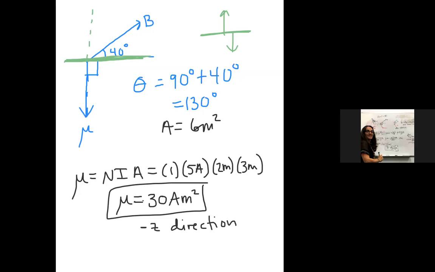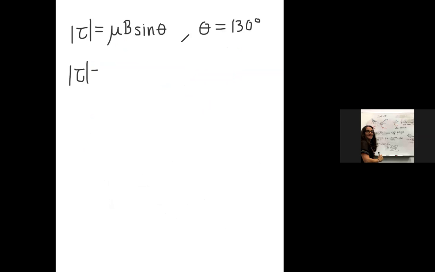And that just came from curling my fingers around with the current. Okay, now let's find the torque. So the magnitude of the torque is going to be mu times B times the sine of the angle between them, which we have decided is 130 degrees. So the magnitude of the torque is, and we already found mu, 30 amp meters squared.